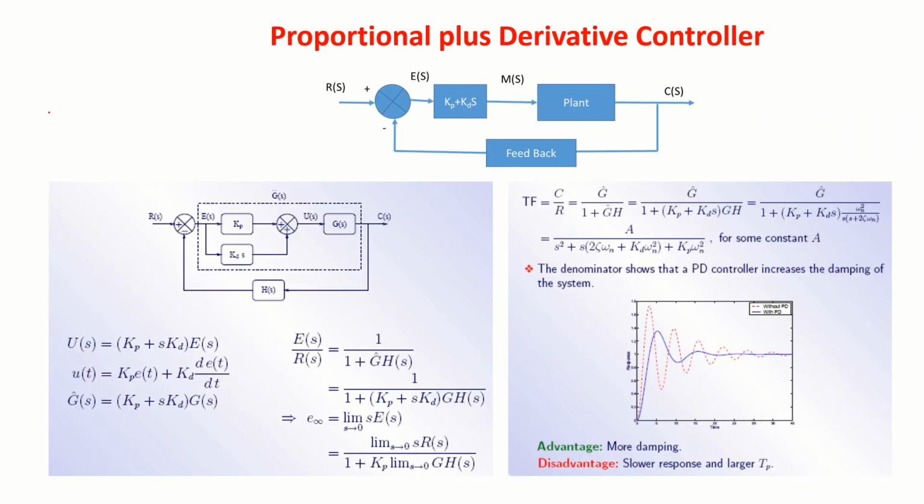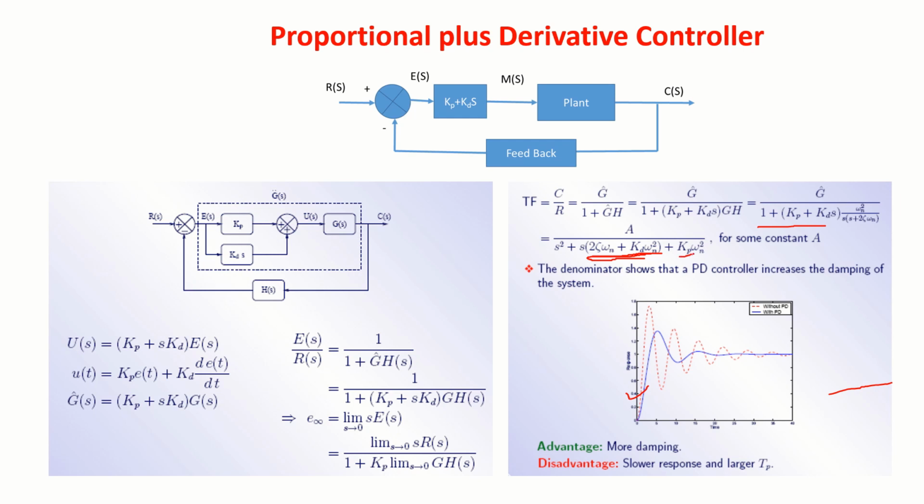Now, if we introduce proportional and derivative controller, what happens? Okay. So in the same way you start writing the transfer function here. You can very clearly see that the damping value increases.